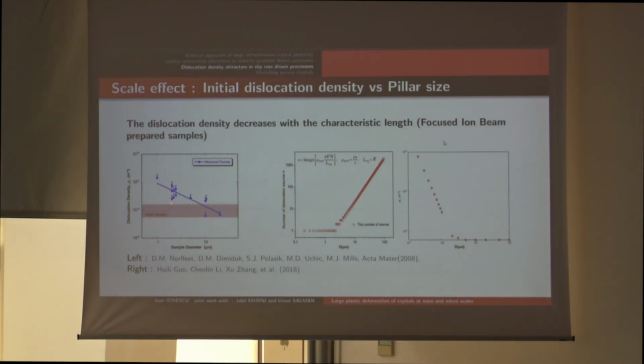That the initial dislocation density is larger for small sample diameter. Here you have the experimental ones. This is the theoretical numerical computations. And we can see here the initial dislocation density is larger, which is exactly what we can find in this stability analysis.